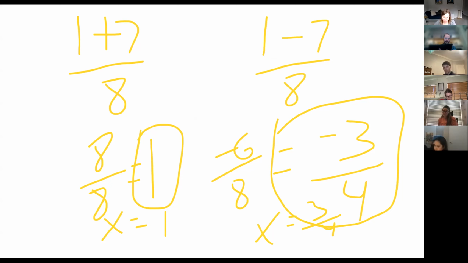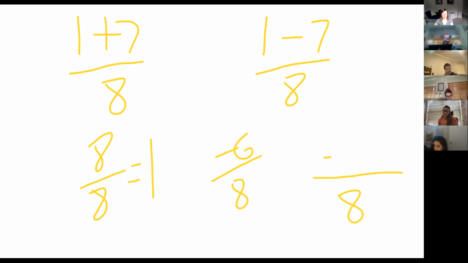Did I drop my minus somewhere along the lines? It should be minus because we have plus and minus. Yep, sorry. There should have been a minus on this one. It's going to be 3/2 and minus 1.